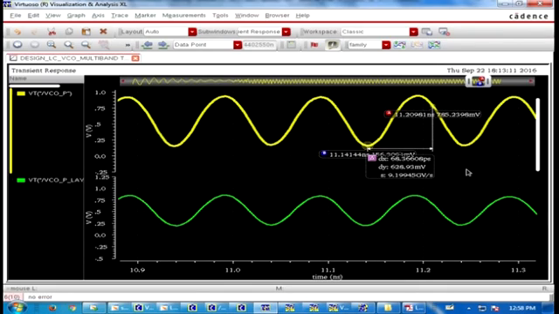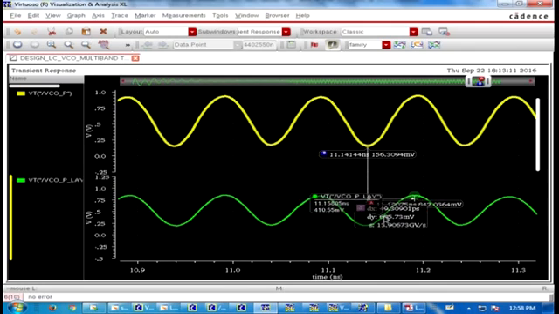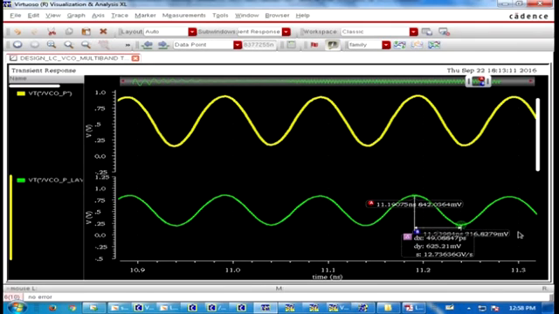For post layout, it is 625.21. That is 628 and 625, almost the same. The swing is 628 for schematic and 625 for post layout.